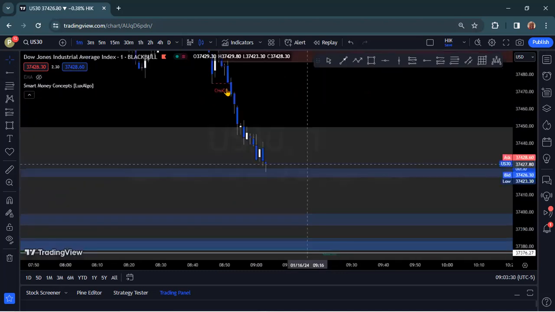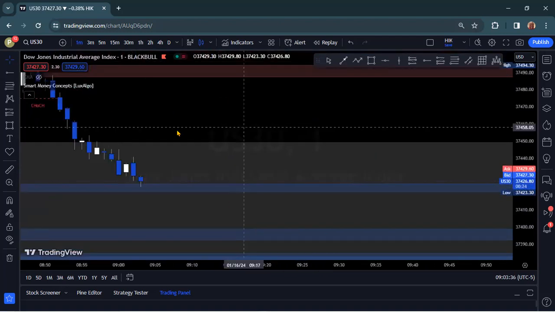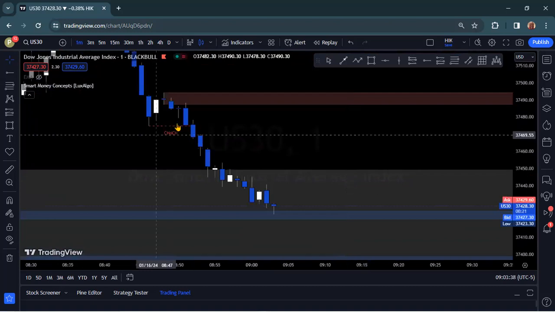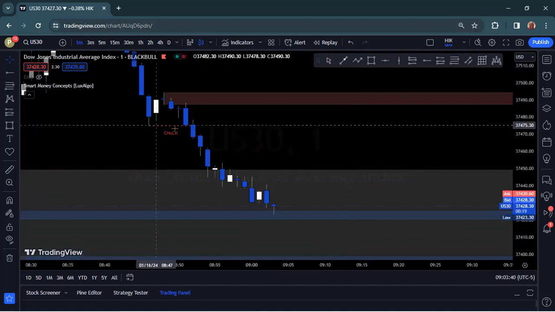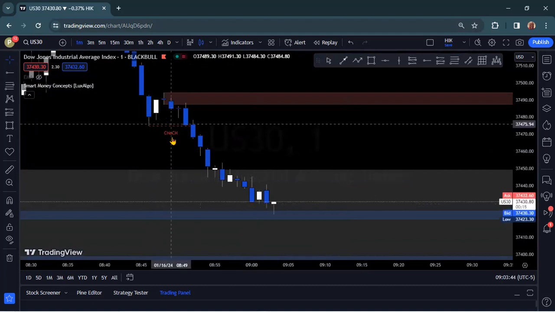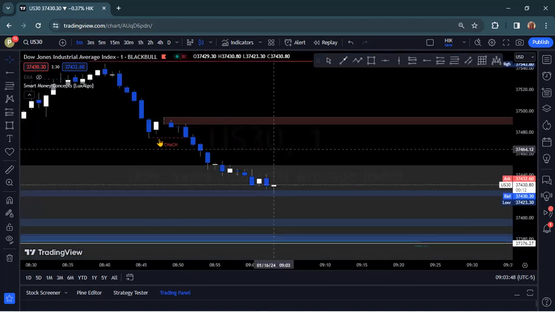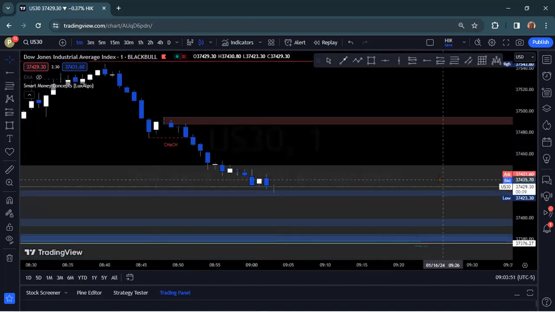Because it's a change of character, which means it's trending lower. So in order to take a buy, you need this to be green. Once it says change of character and it turns green, or break of structure, that's when you set up your strategy.